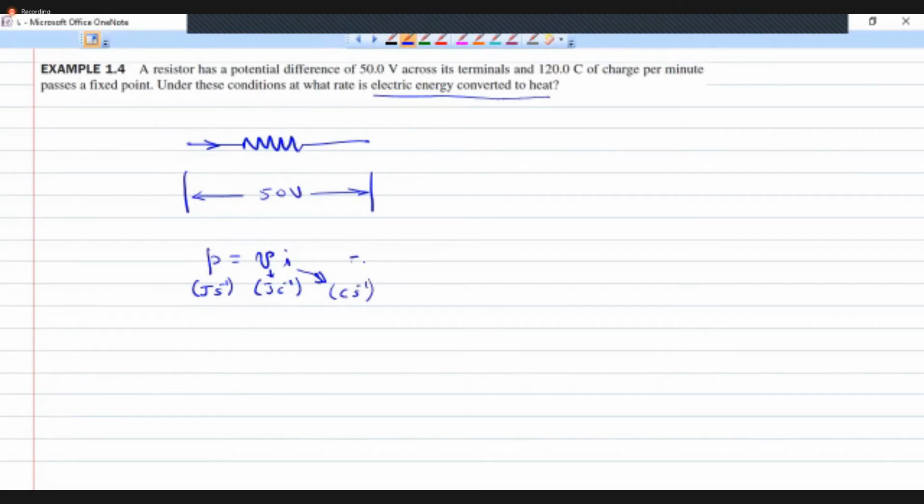So power is the product of potential, 50 volt, that is applied, and the current, 2 ampere. Okay, so that will be equal to 100 watts.